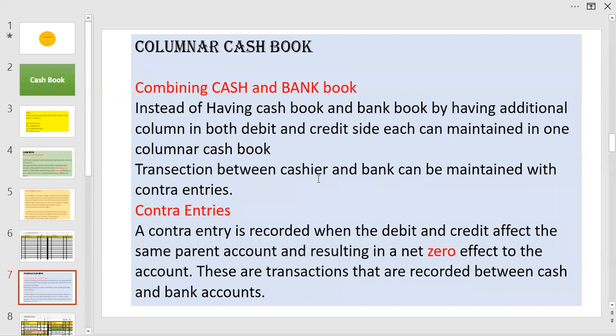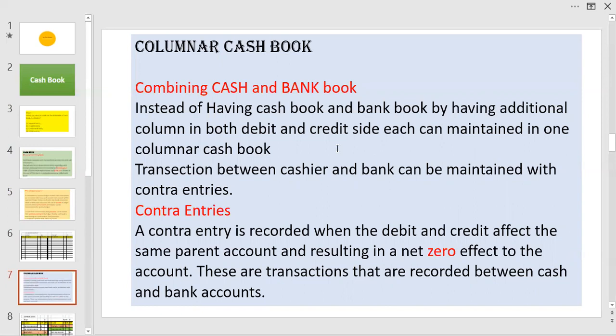In such a case, if there is a transaction between cash and the bank, then a contra entry would be made. For example, if you are depositing into bank, then cash column would be credit, bank column would be debit.